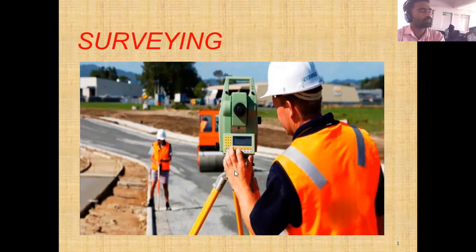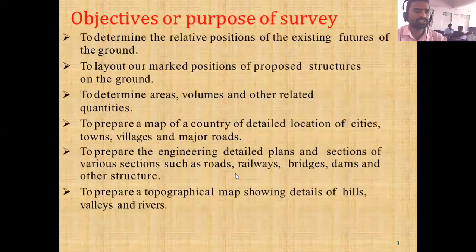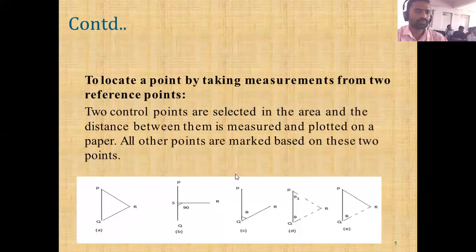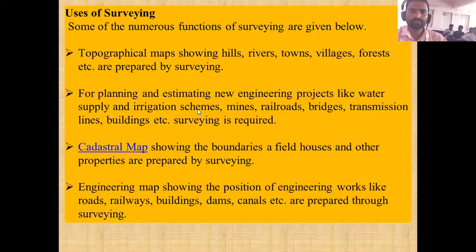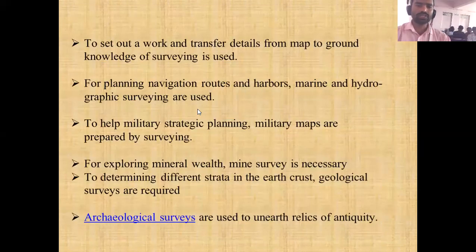It is an art of determining the relative position of a point which is on, above, or below the earth surface by direct or indirect measurements, by measuring linear or angular measurements. So you have seen objectives, principles, classification, and uses of surveying.